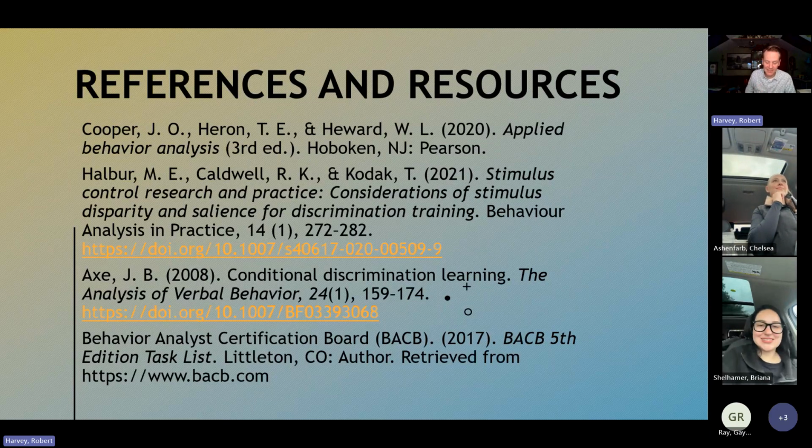All right, you guys did a fantastic job. We actually ended a little bit early, and that's not a problem. Here are my references. So most of what I got here was from the Cooper book, the Applied Behavior Analysis white book, which isn't always white, but we still kind of call it the white book.